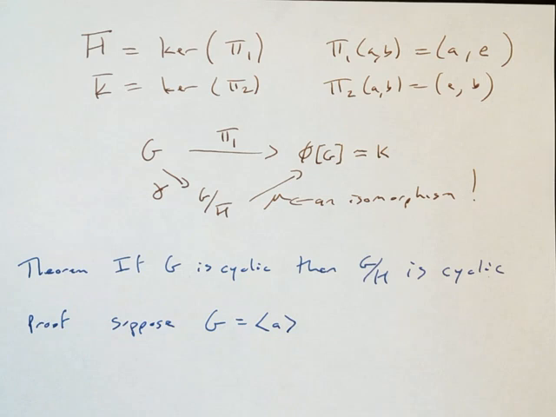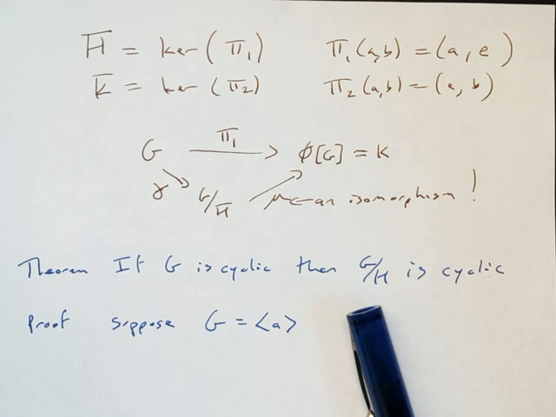Now my goal is to find a generator here. I need a coset to generate with. Any sneaking suspicions what coset I could use?